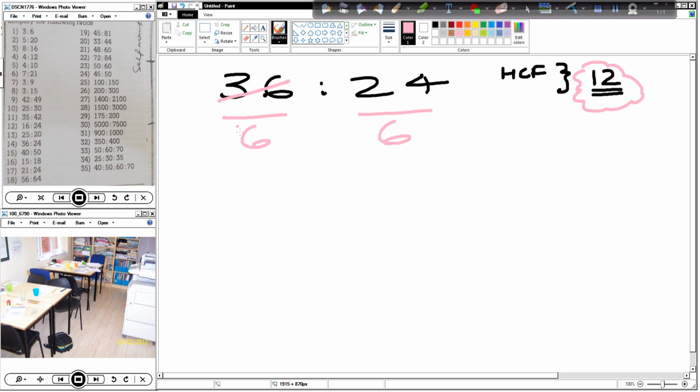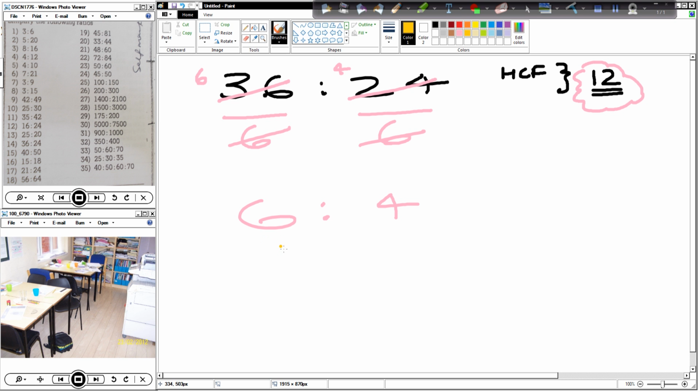So 36 divided by 6 gives us 6. 24 divided by 6 gives us 4. This is the beauty of this style of question. If you don't spot the highest common factor and you divide it by a common factor, you'll end up with this, for example, now. 6:4.